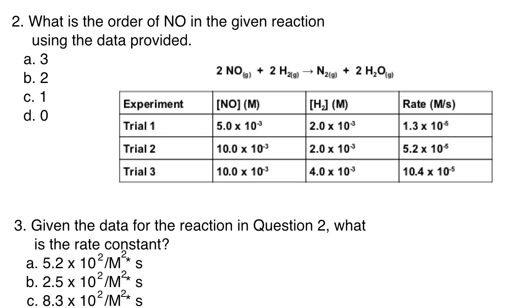We're going to take a look at how this has changed as far as rate is concerned, where we have manipulated the two values for the nitrogen monoxide. So what I did when I solved for this is that I looked at the rate associated with the 10 times 10 to the minus 3 molarity of nitrogen monoxide.